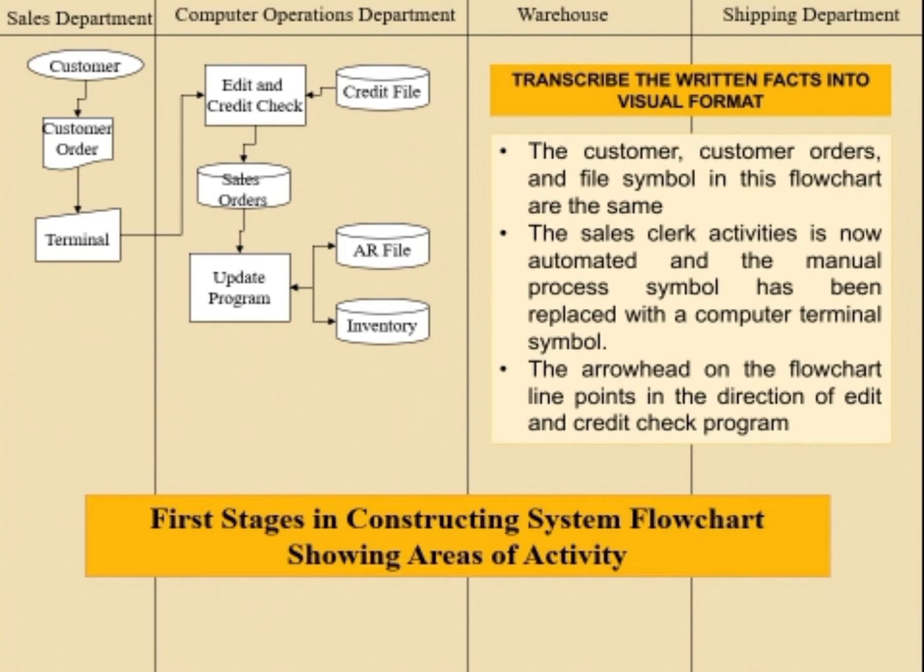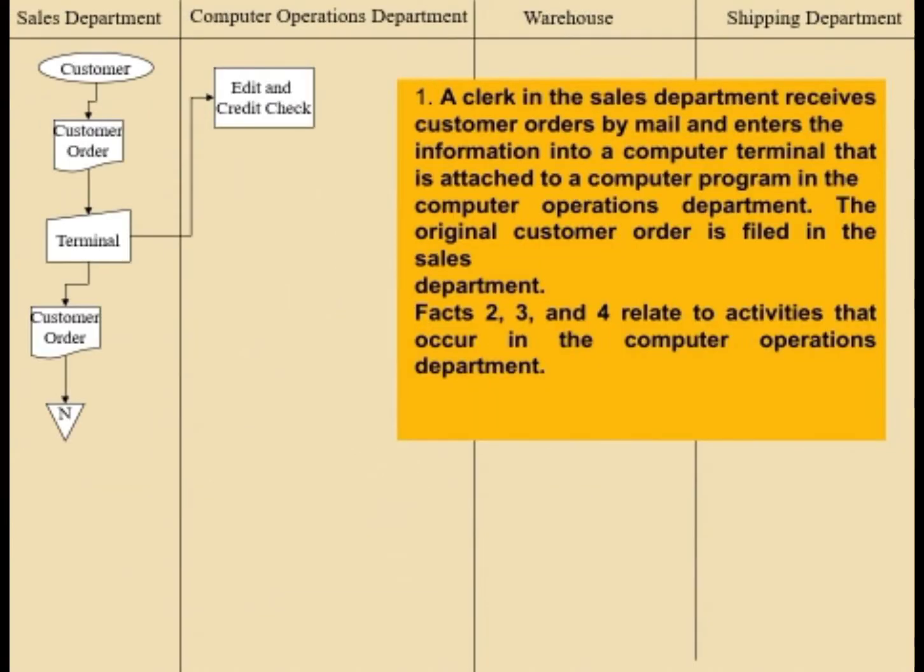So the customer's order, and the file symbol in this flowchart are still the same. So the sales clerk activity is now automated, and the manual process symbol has been replaced with a computer terminal symbol. The arrowhead on the flowchart line points in the direction of edit and credit check program.